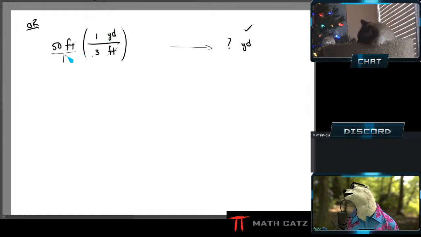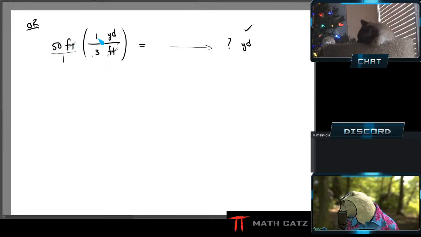I'm not changing the original quantity. I'm simply converting it to a different unit. So then you see here the feet cancels with this feet as if they're numbers. I can simplify them to see that my end unit is what it should be, even though they're not numbers, but they work the same in simplification.